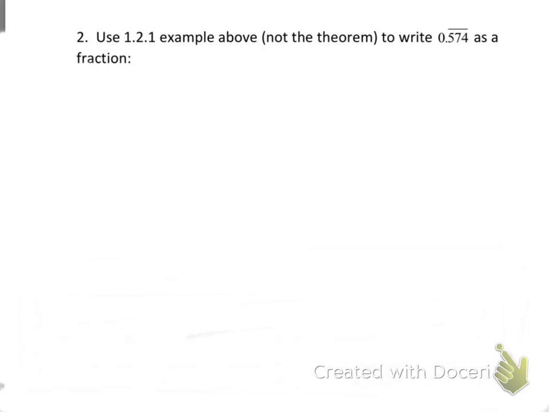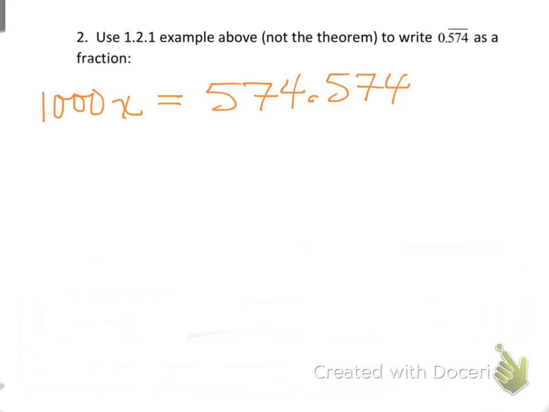Okay, my little stylus is not working, so let me see if I can get this working. Okay, we're back working. So I'm going to say 1,000x is going to equal 574.574 bar notation. And then I'm going to take away the repeating part, so that is just x.